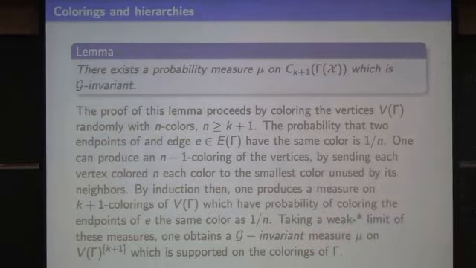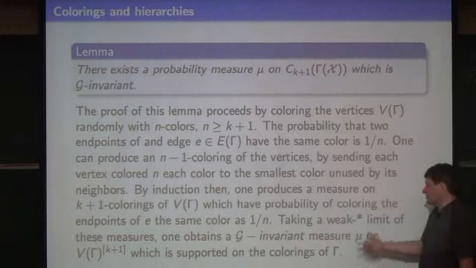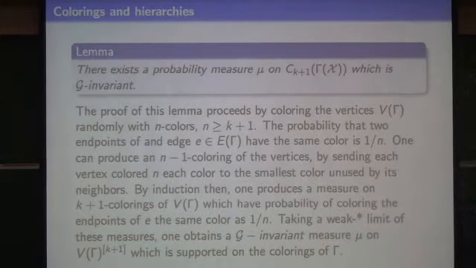Then you take a weak star limit of these measures, and you obtain a G invariant measure, mu, that's supported on the actual colorings of gamma. So it has 0 probability that you've colored the endpoints of an edge the same color, because in the weak star limit, 1 over n goes to 0. And so, in that weak star limit, I'll get a measure that's concentrated just on the valid colorings of the graph gamma. So that's a summary of the proof of this lemma.